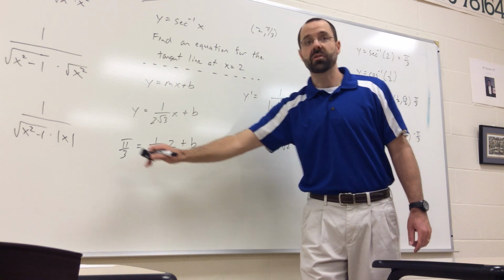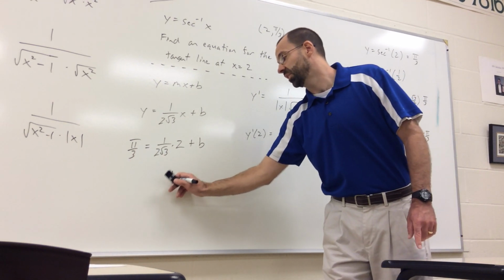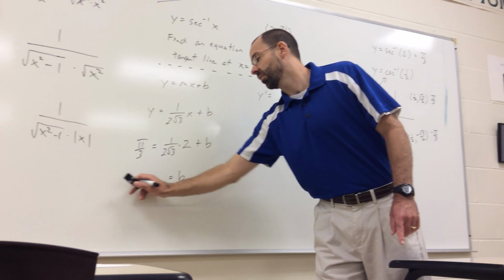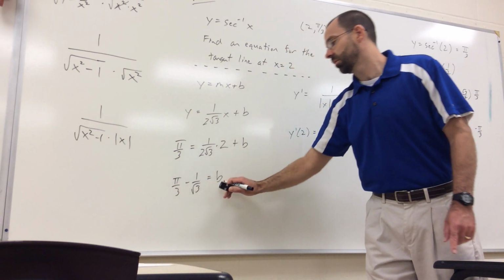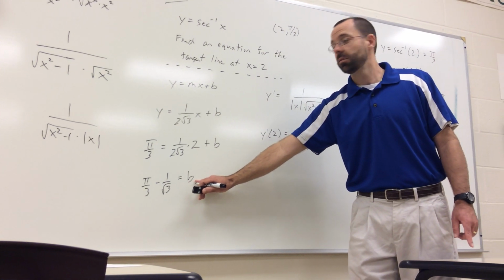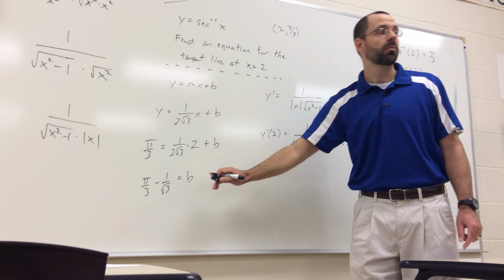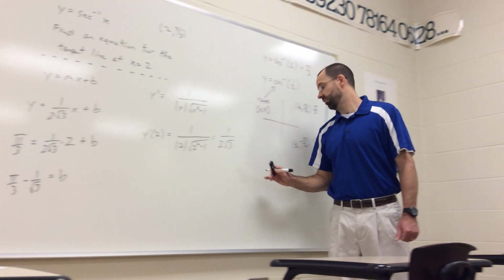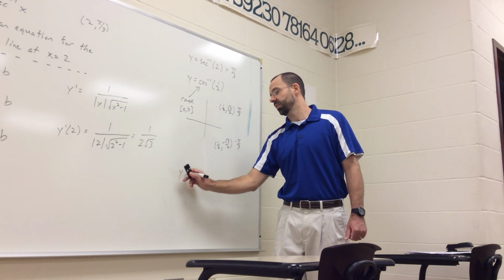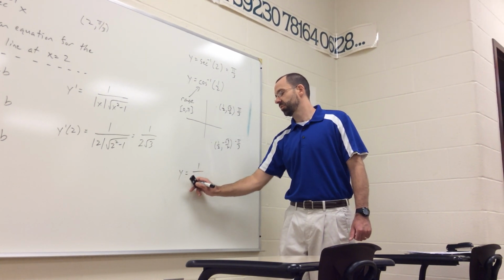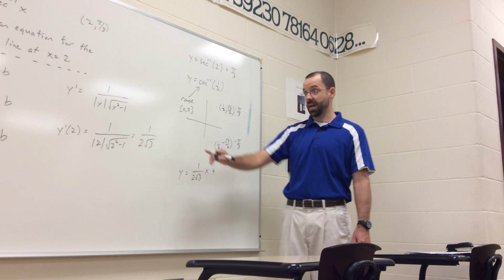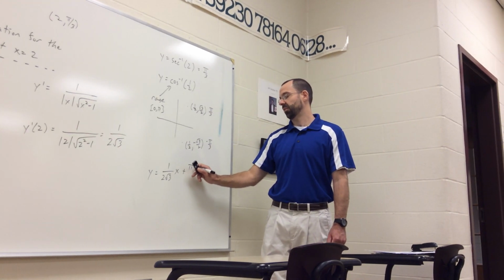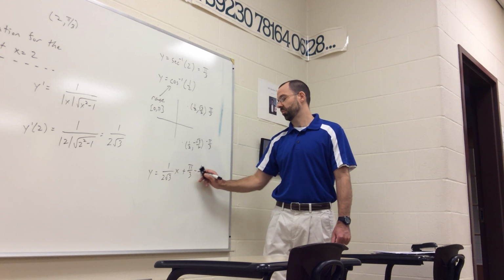So then we can subtract the 1 over root 3 to the other side. So b is pi over 3 minus 1 over root 3. All right, so then I got my final answer for my line. It's y equals 1 over 2 root 3 x plus that mess, pi over 3 minus 1 over root 3.